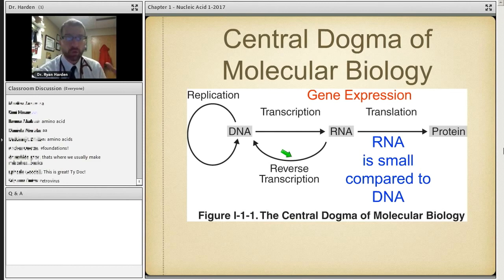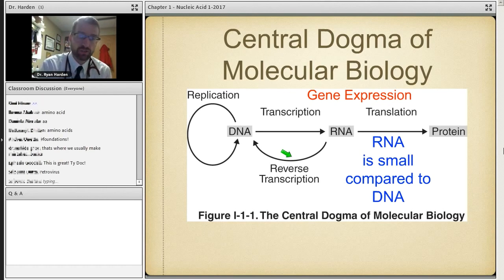So on one chromosome, which is a huge molecule, you have about 1,000 genes, and each one of those genes codes for a piece of RNA. So what I want you to understand is pieces of RNA are very, very, very small relative to chromosomes. So RNA is very small compared to DNA, and that's going to become important when we start talking about molecular biology techniques later on in this lecture series.